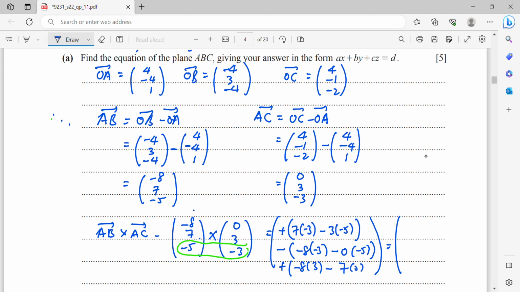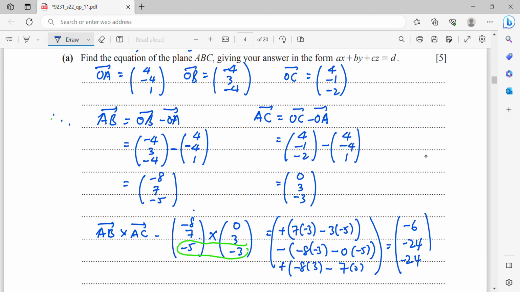Okay, so from here, when you count, the first one is negative 21 plus 15. So you get negative 6. The second row, the brackets will be 24, minus 8 times minus 3 is 24. So 24 times another minus is negative 24. Then lastly, it is minus 24.